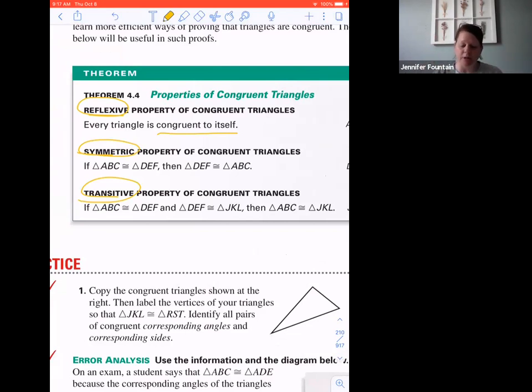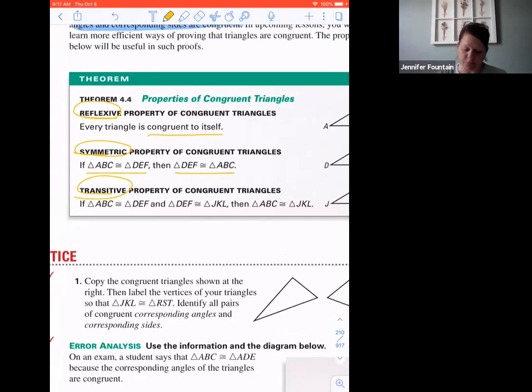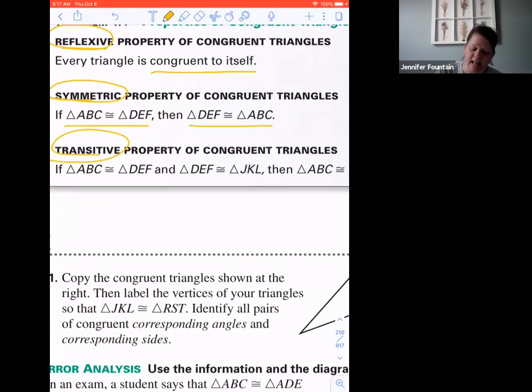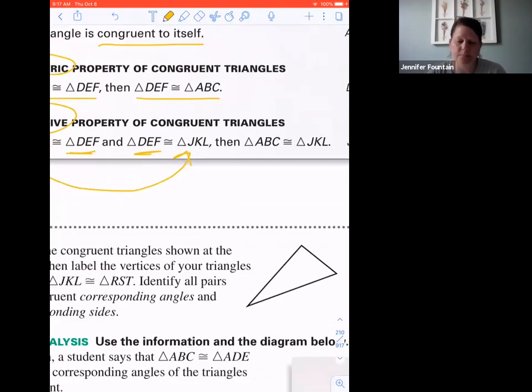If triangle ABC is congruent to triangle DEF, then triangle DEF is congruent to triangle ABC. I'm saying the same thing in reverse order, that mirror image. And transitive: if triangle ABC is congruent to triangle DEF, and DEF is congruent to JKL, then ABC is congruent to JKL.